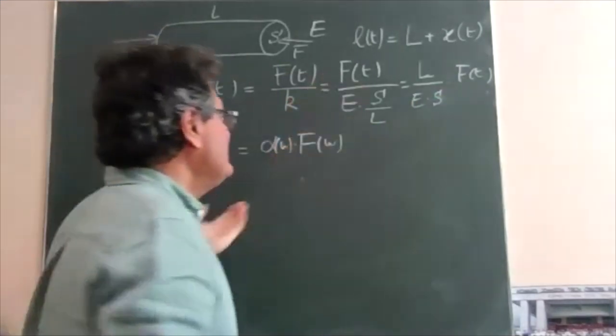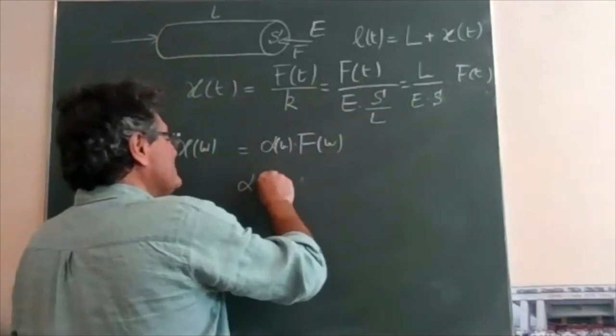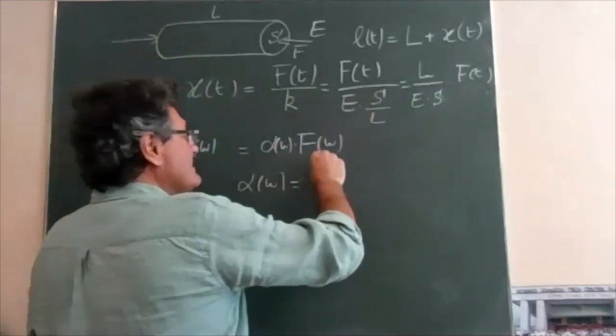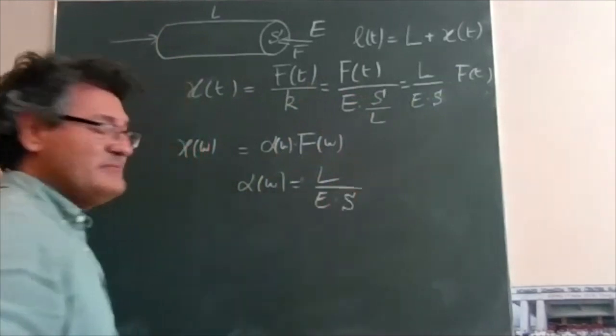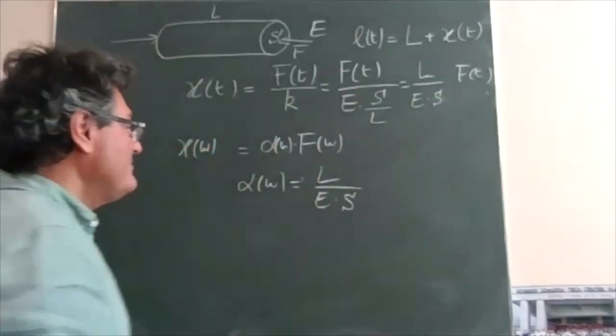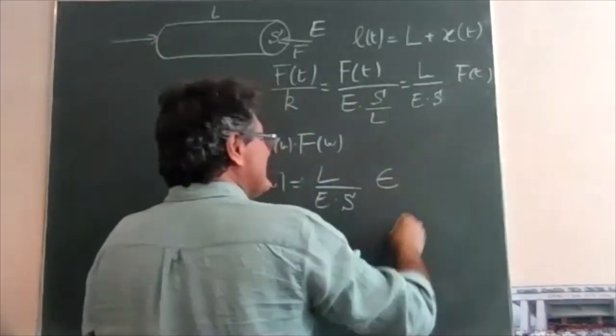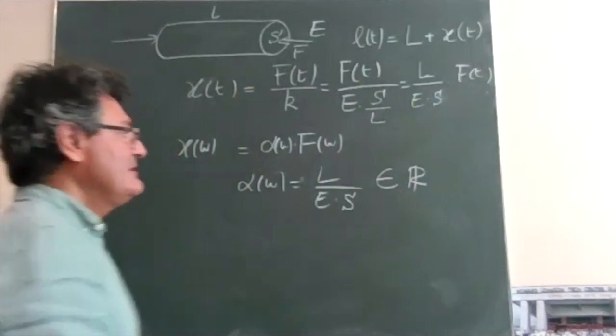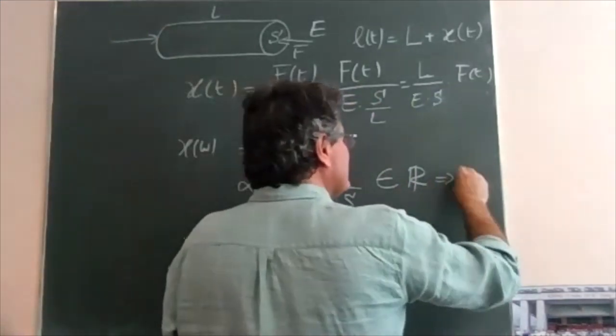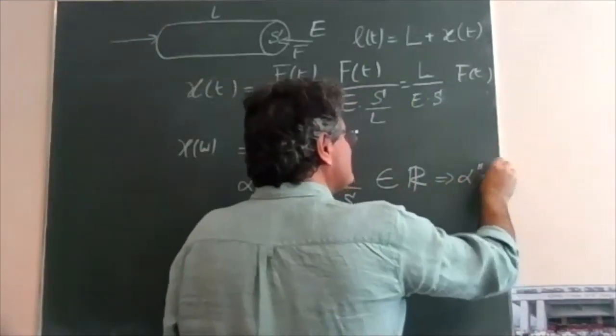Well, alpha, immediately you recognize that alpha is constant with frequency, and it is exactly this. On top of it, this belongs to the real numbers. So it means that alpha second is equal to 0.